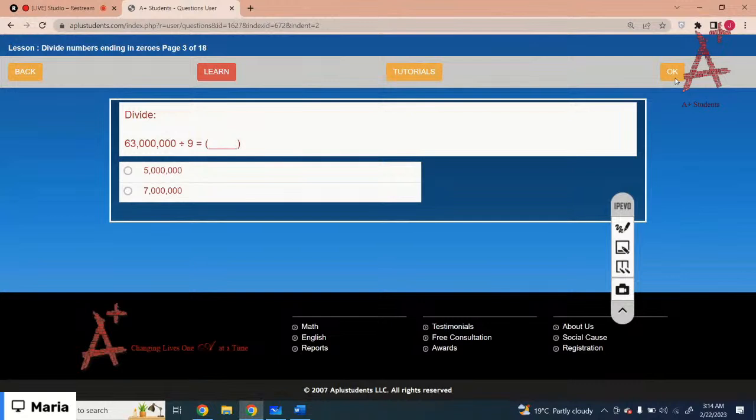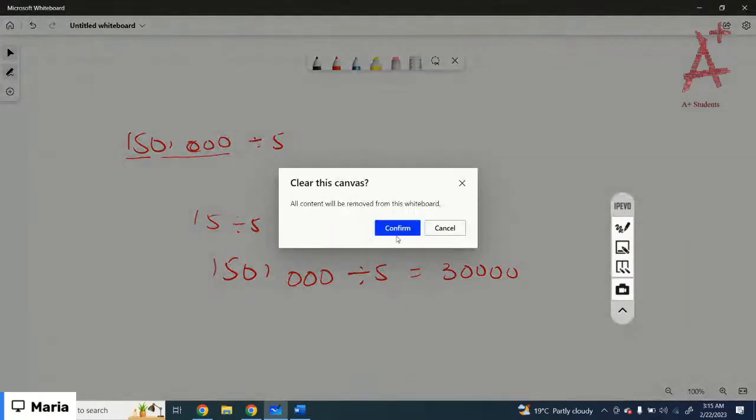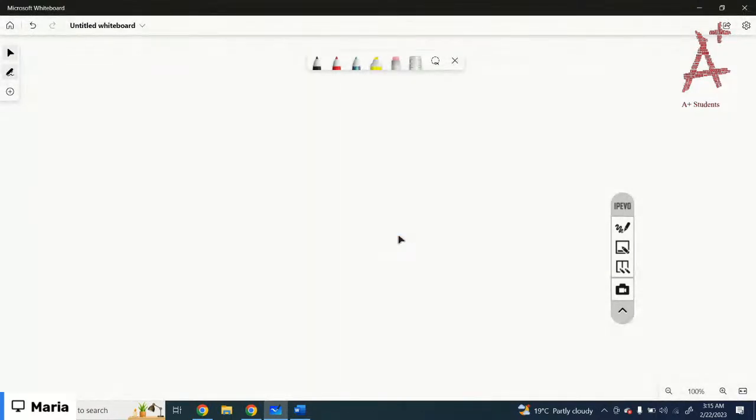Okay, I can't even read the number. 63 million, I think. 63 million divided by 9. So just divide the non-zero values. Okay, I think it is divided by 9.